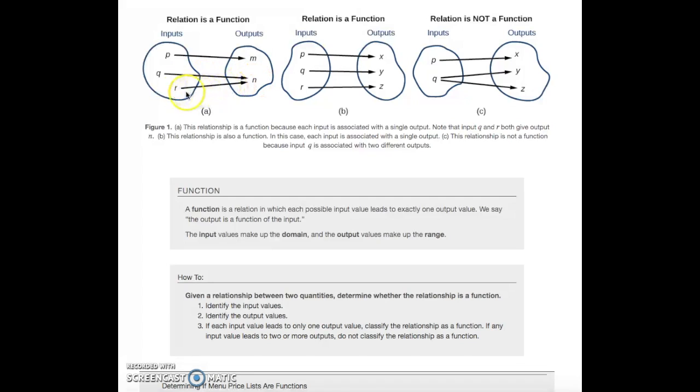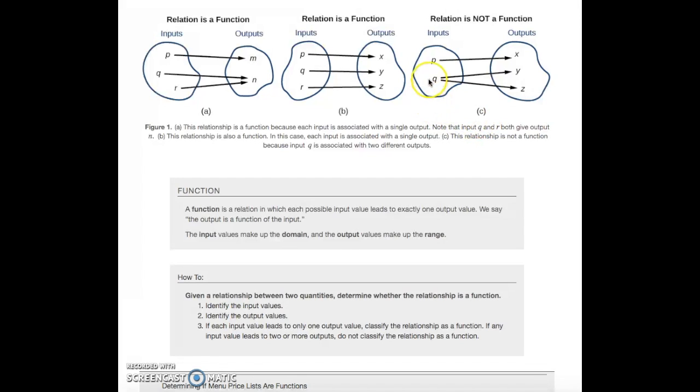N. Yes. R. Does it have one output? N. Yes. So this relation described in A is indeed a function. Similarly, in B, each input, P, Q, and R, is associated to exactly one output, which is clear from the diagram. However, in C here, we do not have a function.